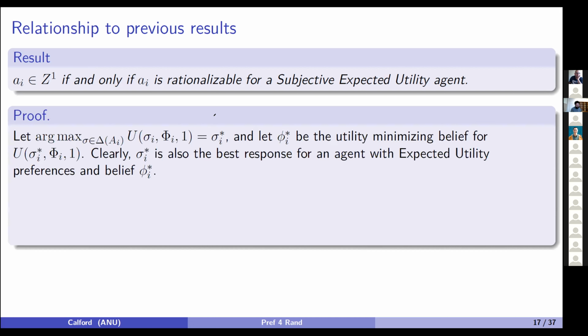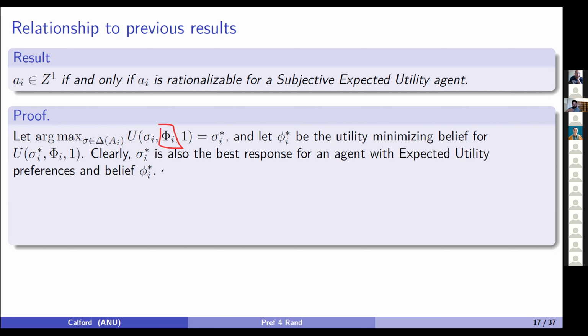The proof is very simple, so I'll give it. So suppose that I have, for any set of beliefs, this strategy sigma star is my best response, and let phi star be the corresponding utility minimizing belief. Okay? Then sigma star is also the best response for an expected utility agent who has the same belief. Okay?